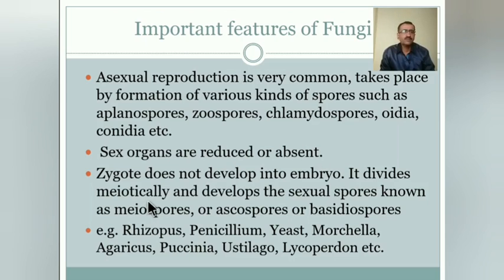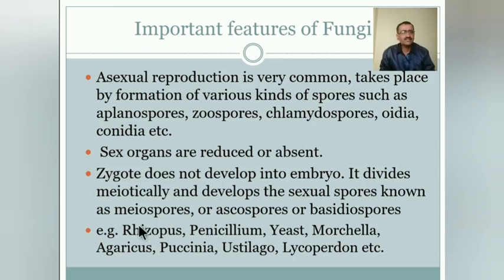By meiosis it develops the sexual spores known as meiospores, ascospores or basidiospores. Further, these spores develop into new fungi. This is about sexual reproduction.